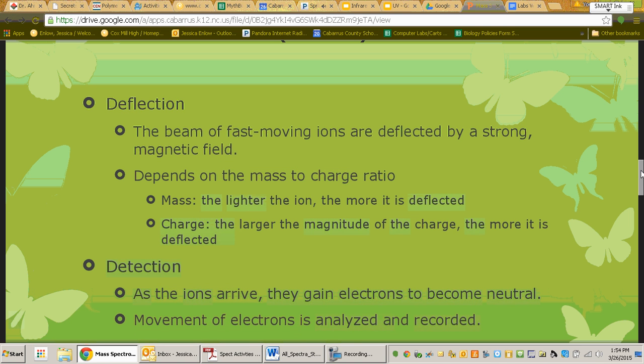How much they are deflected depends on the mass to charge ratio. So the lighter the ion, the more it's deflected, and the larger the magnitude of the charge, the more it's deflected.